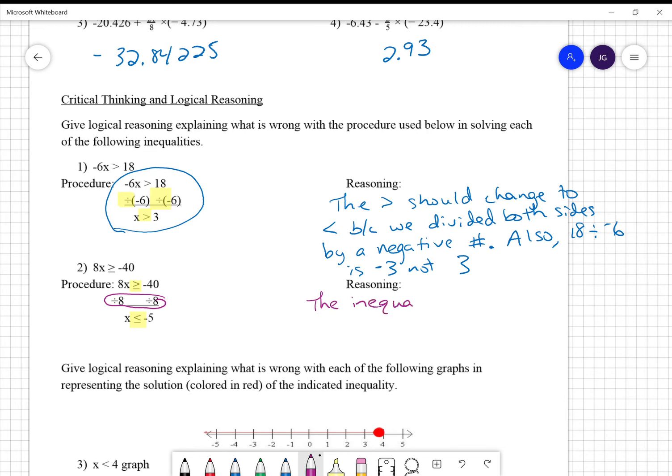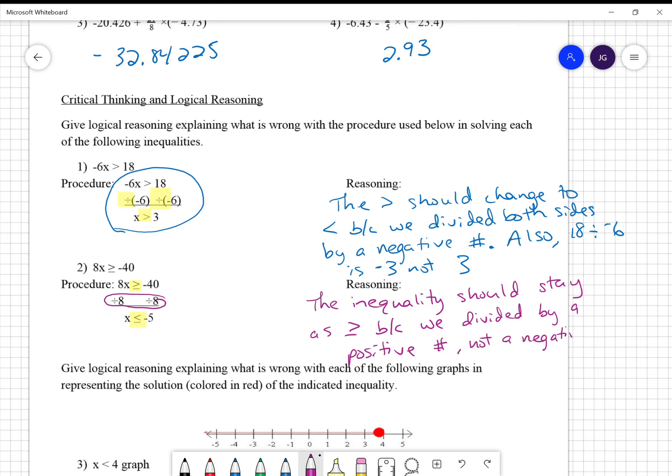The inequality should stay as greater than or equal to because we divided by a positive number, not a negative. It doesn't matter that the number that we divided by was negative. It's whatever we divide by or multiply by.